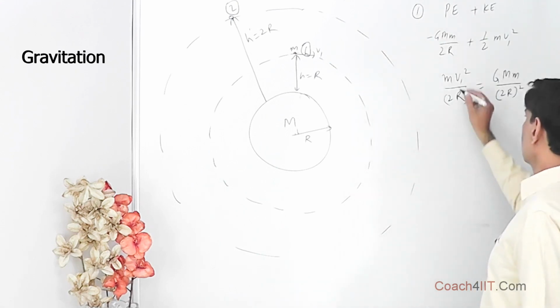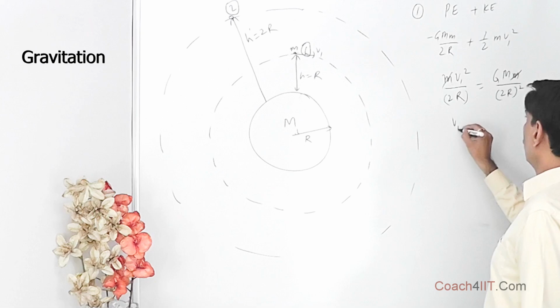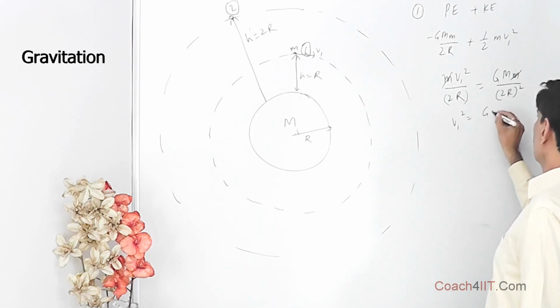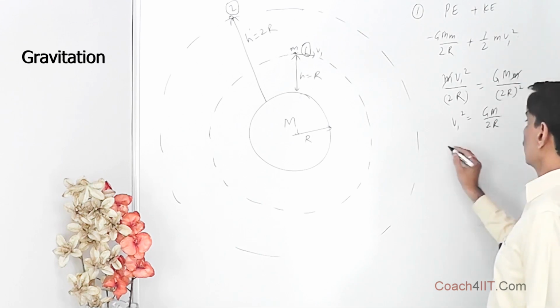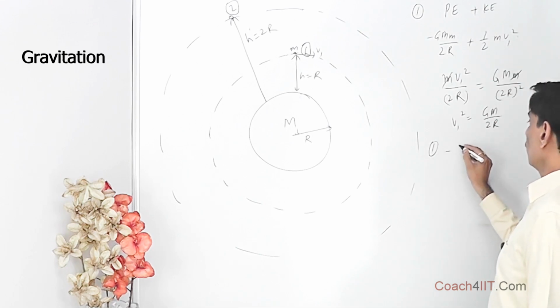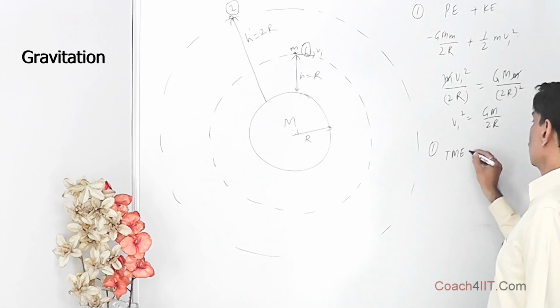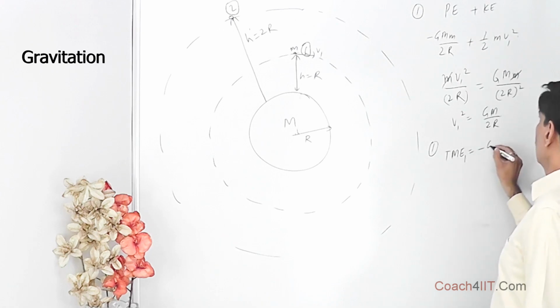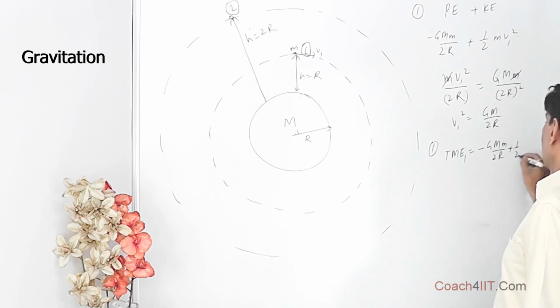So from here we get v1 square equal to GM upon 2R. We can put the value over here. So for configuration 1, the total mechanical energy comes out to be minus GMm upon 2R plus half m v square, which is GM upon 2R.